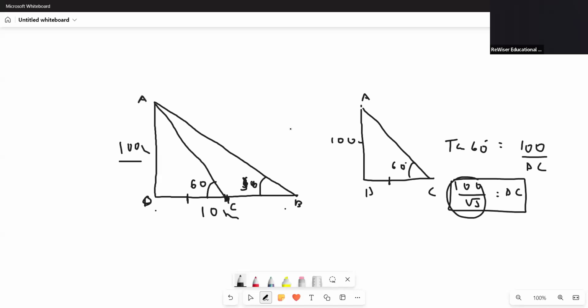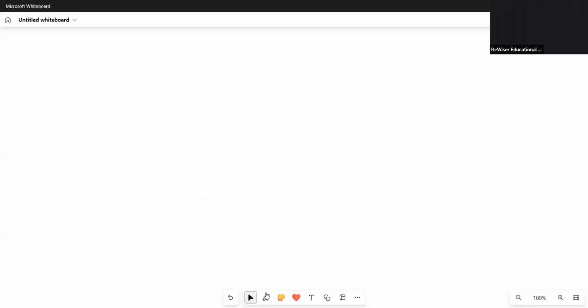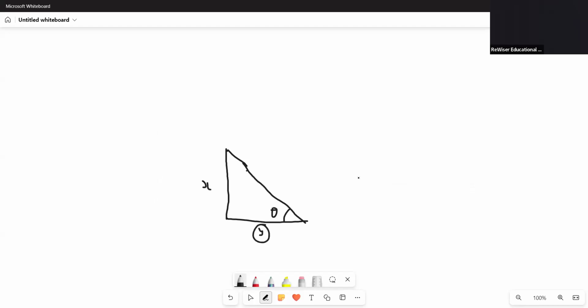If we talk about a generic case, we are drawing a figure in which we have this angle as theta, and this is x, and we have to get this y. So we can easily write that tan theta should be equal to x by y to get that value and put it into the equation. The values that we have taken were arbitrary, but the method remains the same.